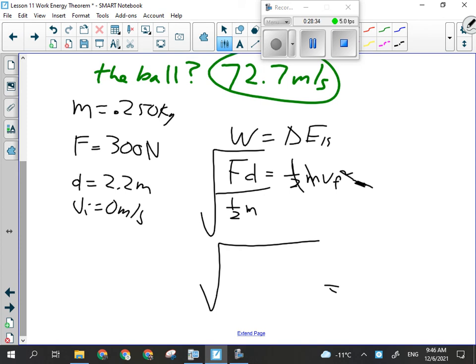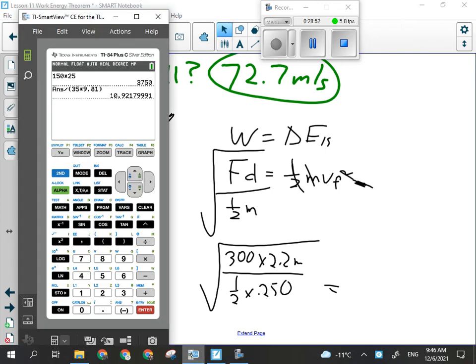So we would have a force of 300 newtons times 2.2 meters, and that's going to be divided by 1/2 times 0.250. So we punch that into our calculator.